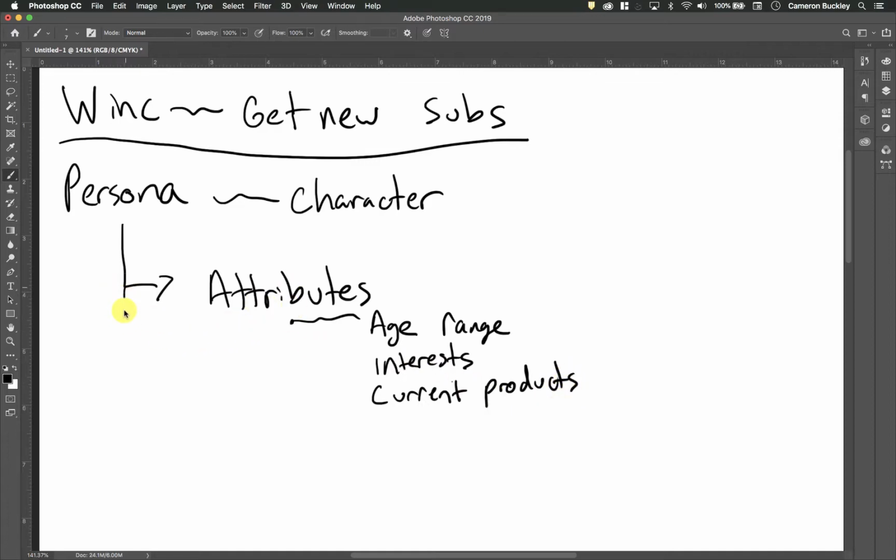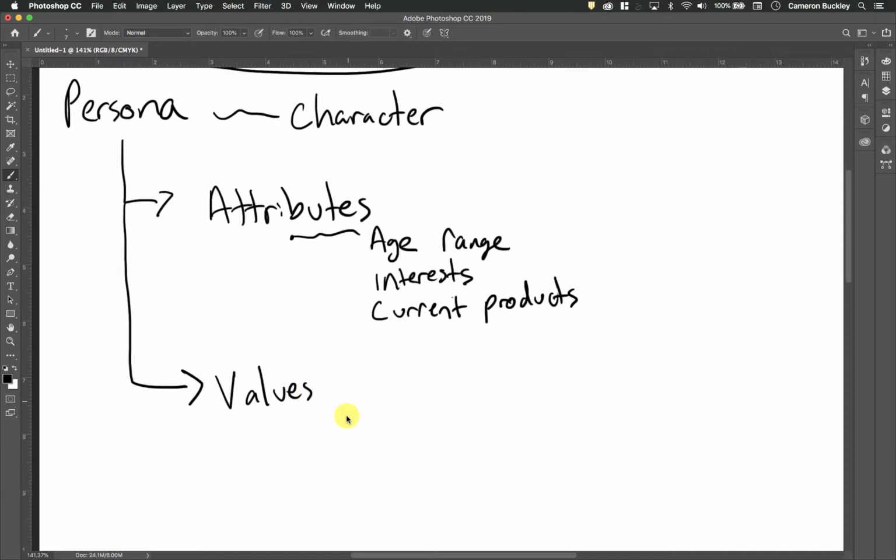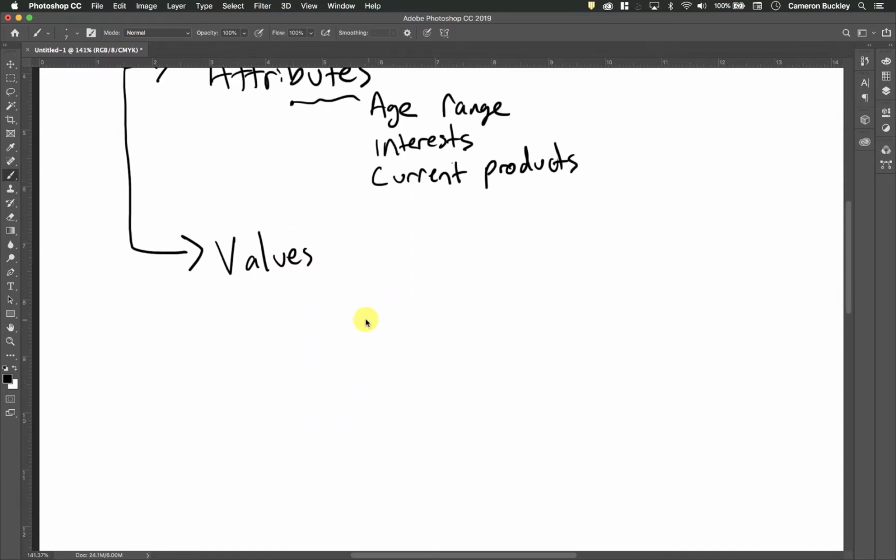The second kind of category we have here is their values. Right, so what do they value? The classic example is a car sales website, right? If we're selling cars, we're not necessarily trying to sell to every single person. And people value different things whenever they're looking at a car.